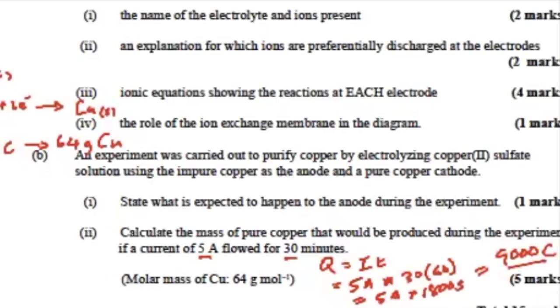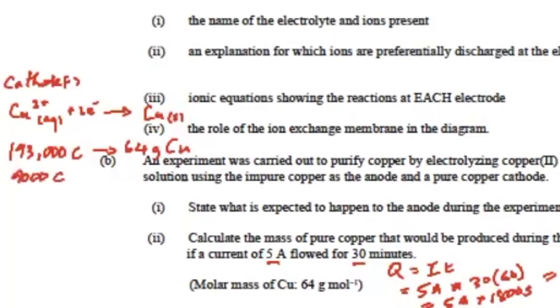So we're going to take this now and solve for the mass of copper that will be produced. So the 9,000 coulombs will give us X grams of copper. When we solve for X, X is equal to the 9,000 coulombs divided by 193,000 coulombs times 64 grams of copper.